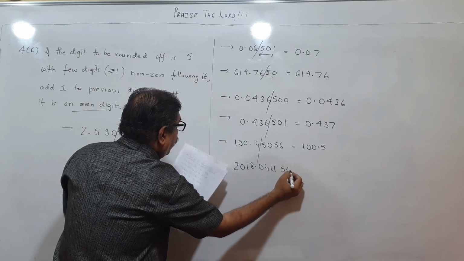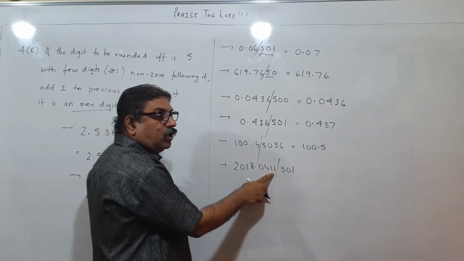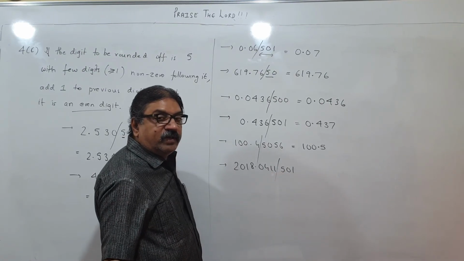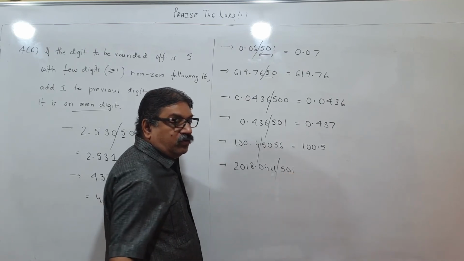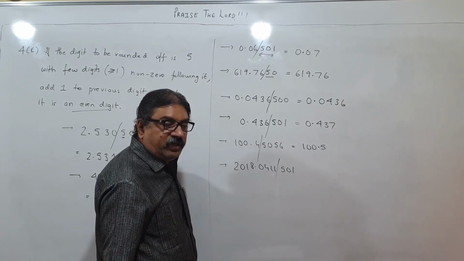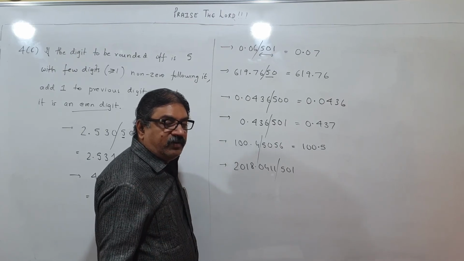Then 2018.0411.501 up to here. So now there is an odd number before 5. So when there is an odd number before 5, I will not worry whether the following digits are 0 or non-zero. Whenever the previous number is odd, you add 1 without seeing anything. Trouble arises only when there is an even digit before 5. You have to be careful.